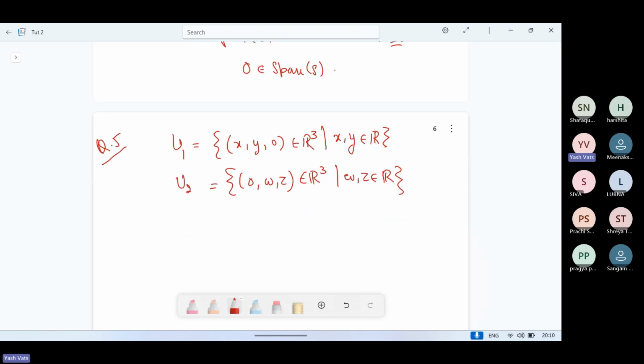Then you have to find the dimension of U1 direct sum U2.